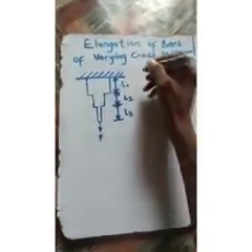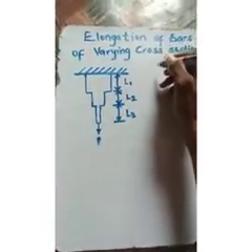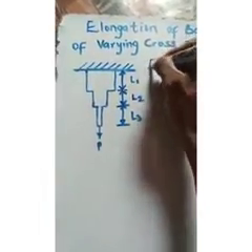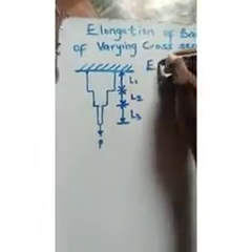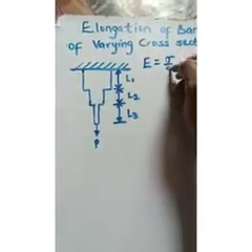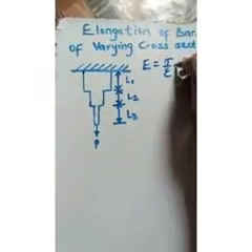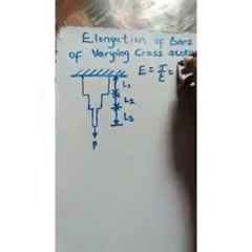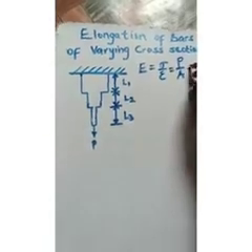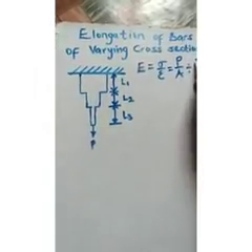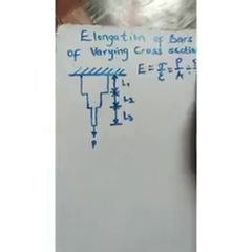So you remember from Hooke's law that E, that is your Young modulus, is equals to stress over strain. And you know stress can also be load over area, divided by strain, which is your change in length over original length.